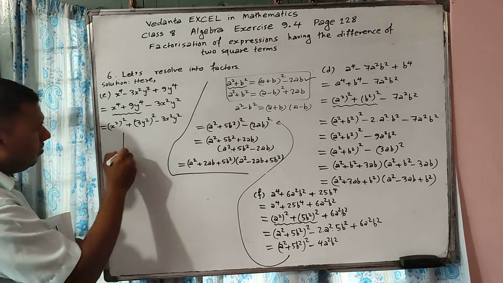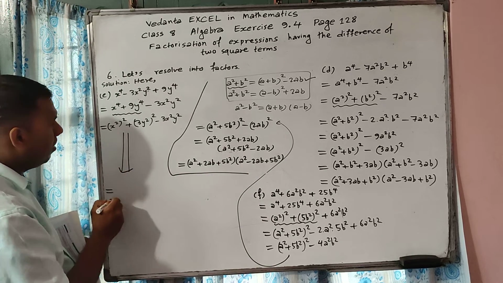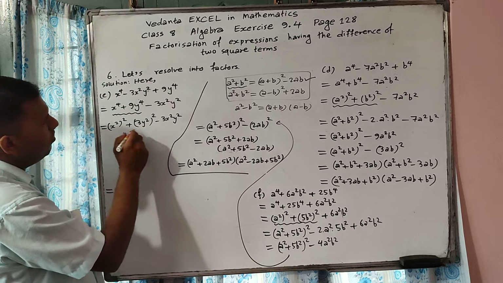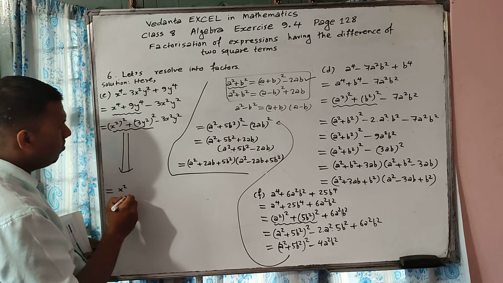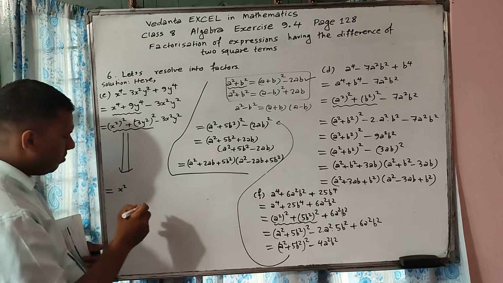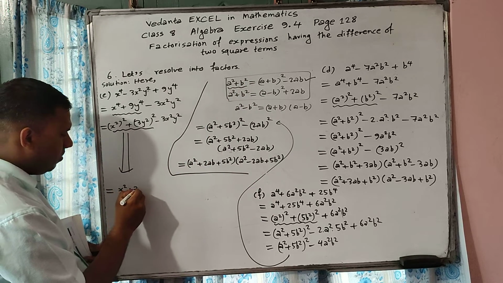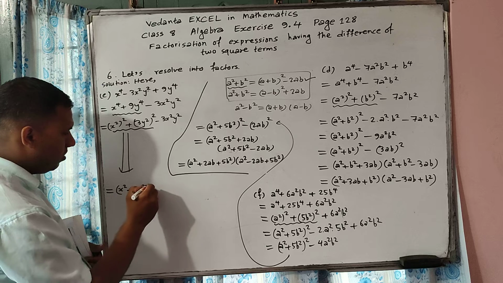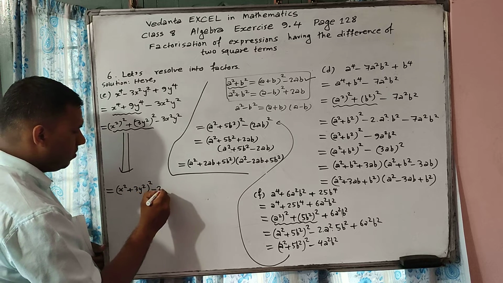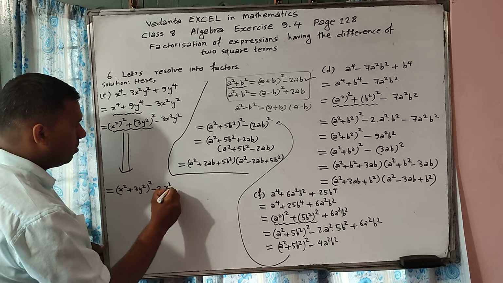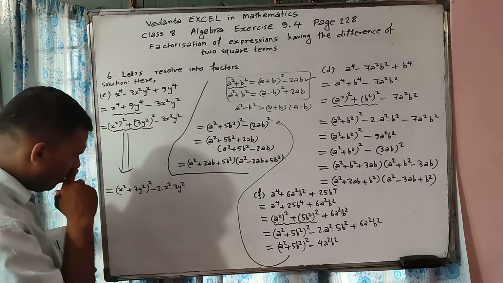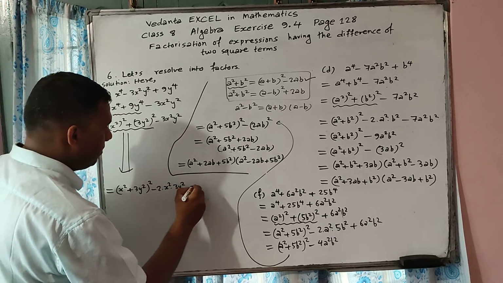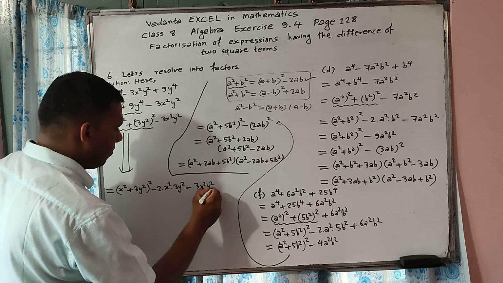Then this equals a² + b² form. So applying the formula a² + b² = (a + b)² − 2ab: (x² + 3y²)² − 2·x²·3y² − 3x²y².